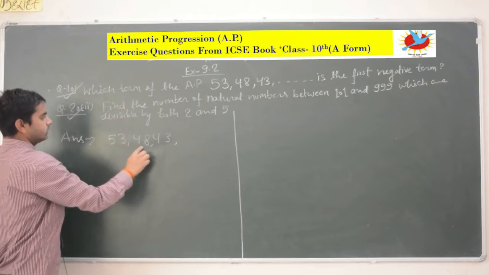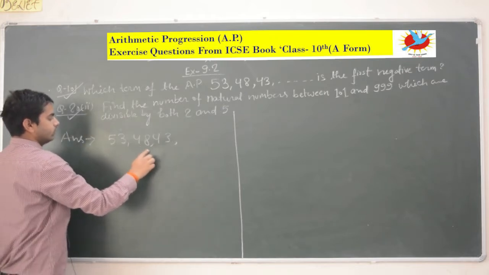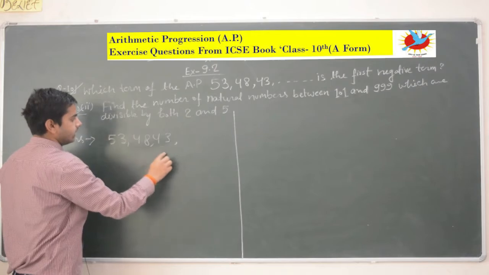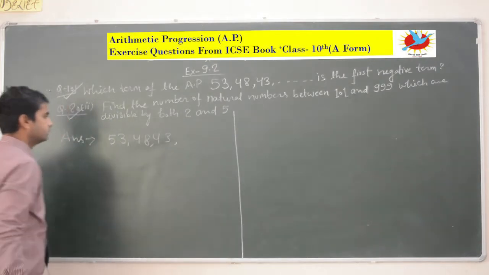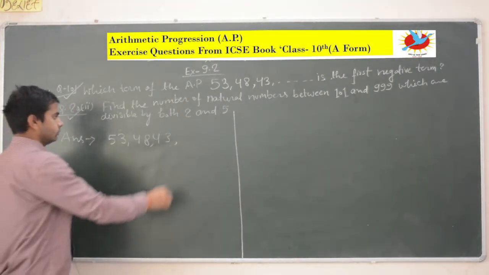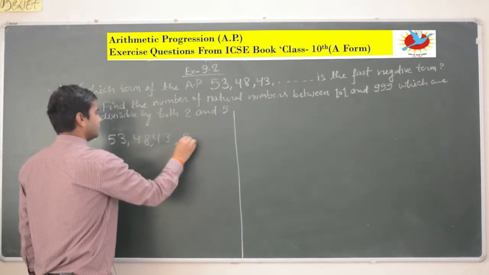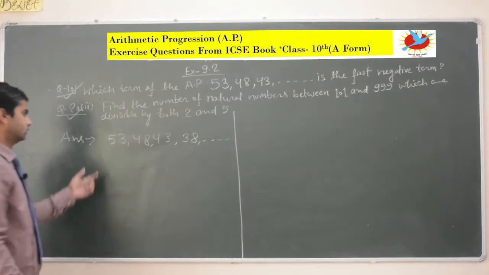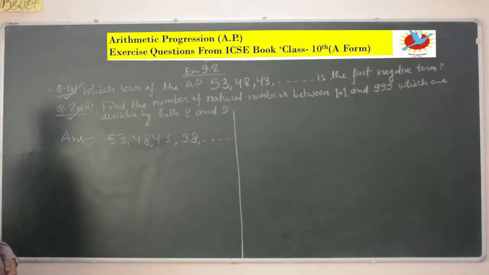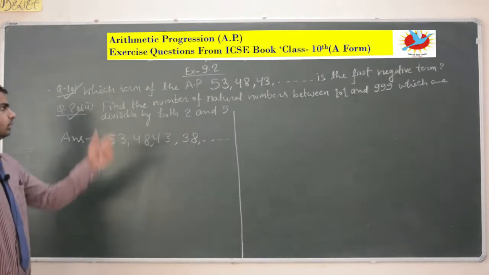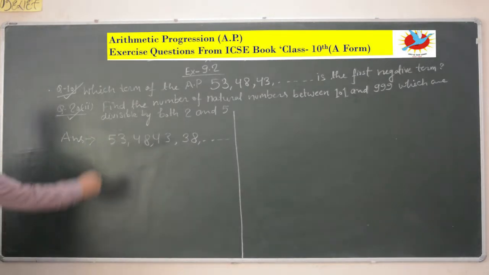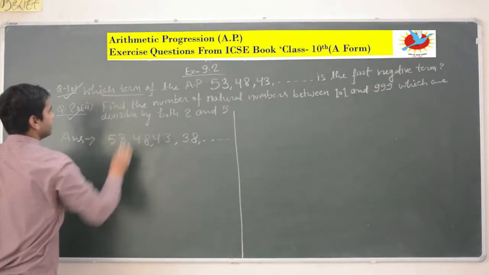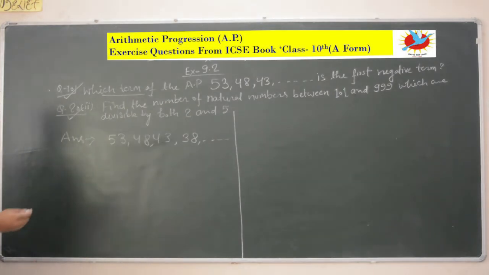If we add -5 to 48, we get 43, and if we add -5 to 43, we get 38. This is our sequence, and we have to tell which term, meaning its position, will be the first negative.